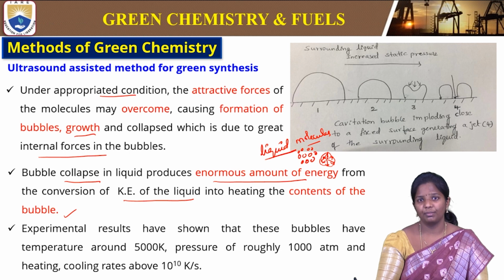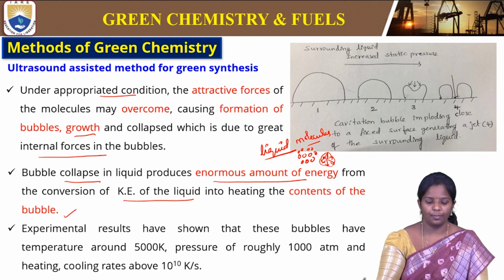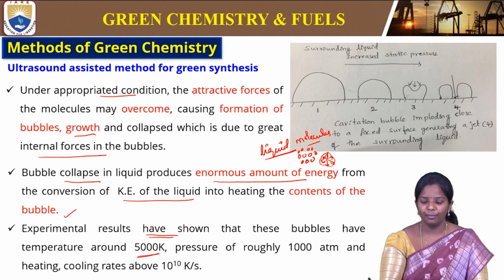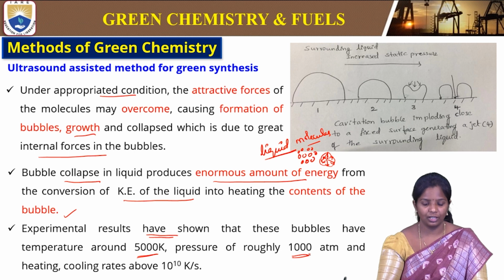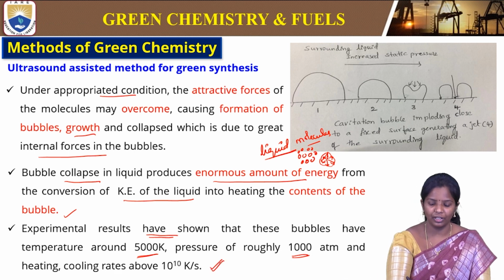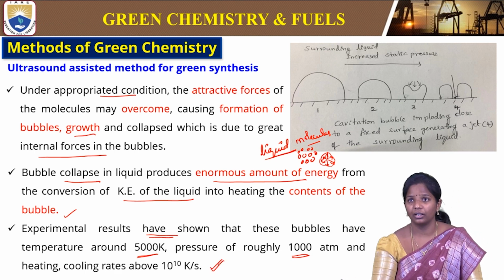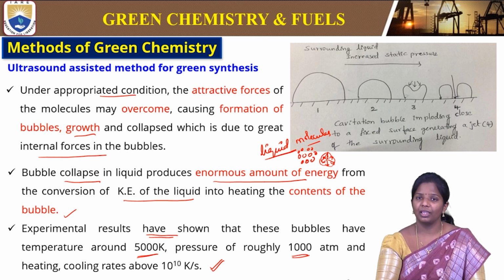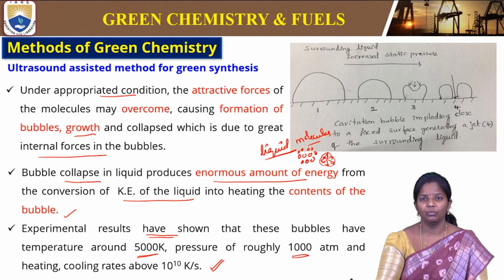This energy will be used in the synthesis. Experimental results showed that these bubbles have a temperature of 5000 Kelvin, pressure of roughly 1000 atmospheres, and cooling rates of around 10^10 Kelvin per second. These are the good characteristics of this method, which produces enough heat for the synthesis to take place.